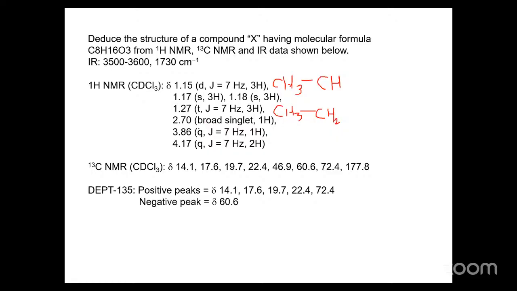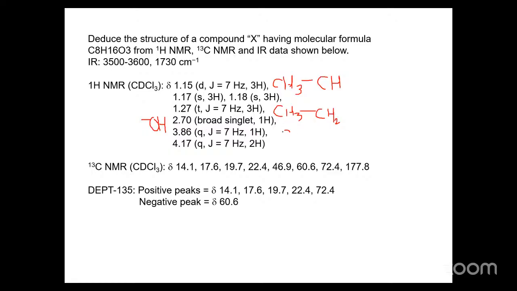Next, 2.7 broad singlet, one hydrogen. It may be due to the OH signal, because in IR also we are observing OH stretching frequency. So 2.7 can be an OH. So we will write all the fragments of the structure of the molecule. 3.86, one proton quartet.